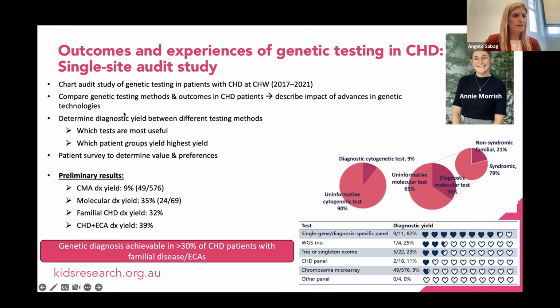I won't go through this in a lot of detail, but our preliminary results from this audit are in line with what we're seeing in the literature and among our studies, where we are able to achieve a genetic diagnosis in over 30% of congenital heart disease patients with particular forms of disease.